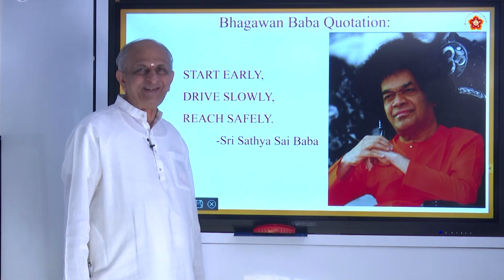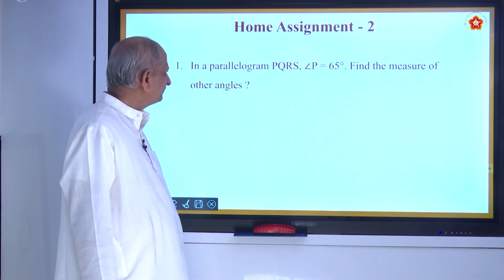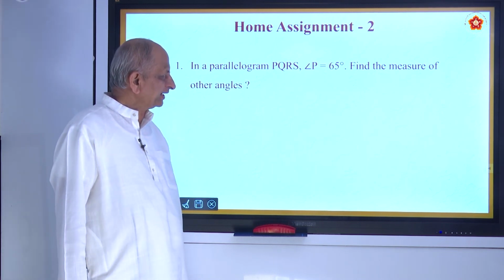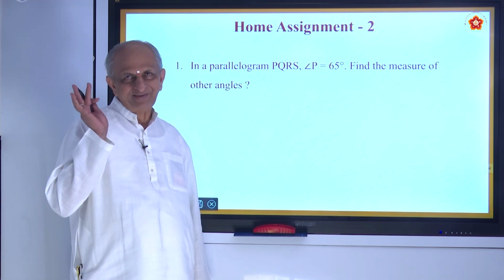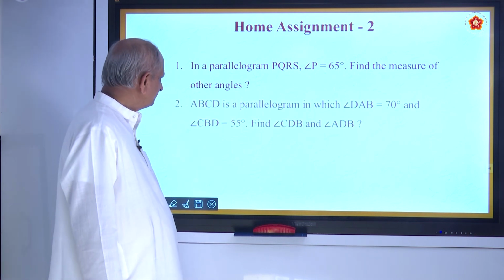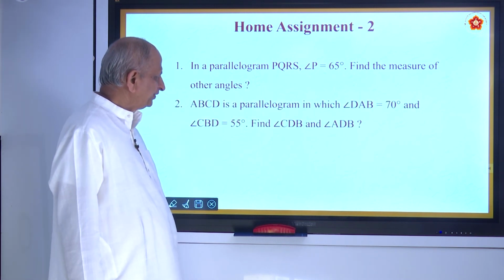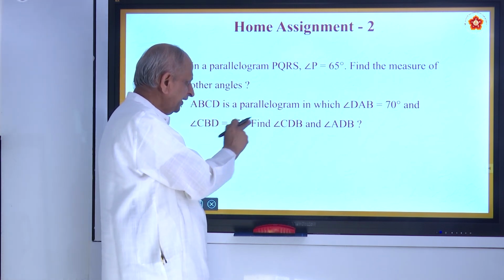Okay. Now let us see the home assignments. First question. Parallelogram PQRS, angle P is 65. Find the measure of the other angles. Can you do it? Very nice. Second one. ABCD is a parallelogram in which angle DAB is 70, CBD is 55.